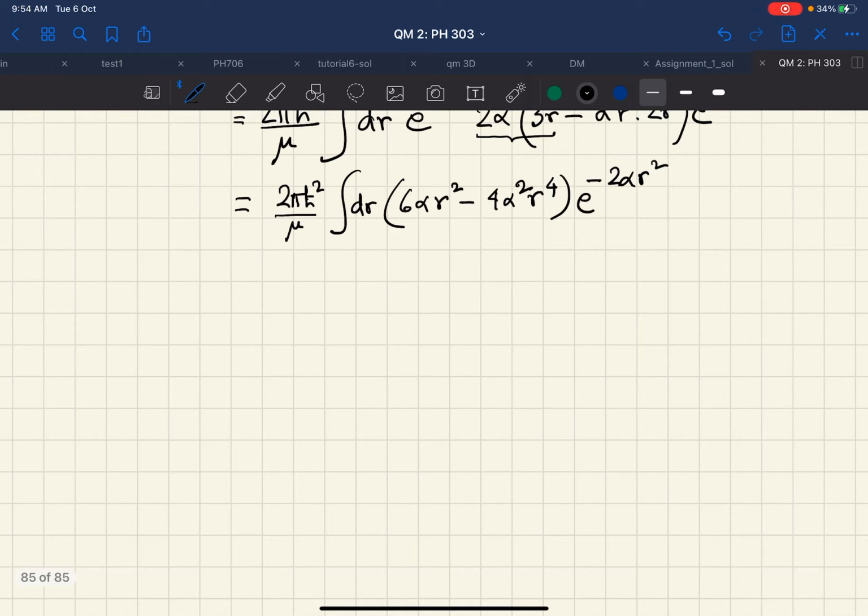Now again you see that there is this r square e to the minus 2 alpha r square and r4 e to the minus 2 alpha r square. So the standard integration results will apply here.